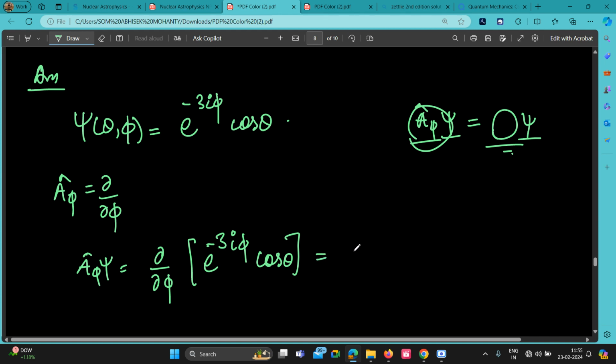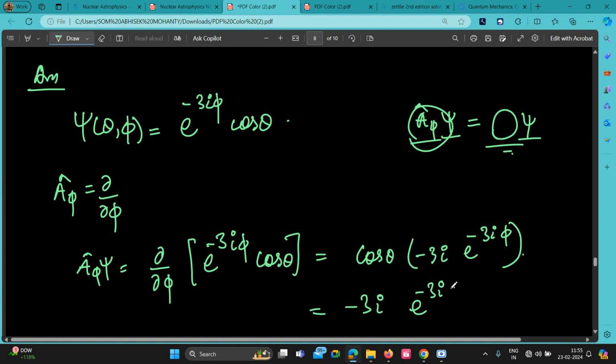Cos theta is constant, it will come out. Del by del phi of this gives minus 3 I e to the power minus 3 I phi. So we get minus 3 I e to the minus 3 I phi cos theta. This is the eigenvalue. We are getting that value again.